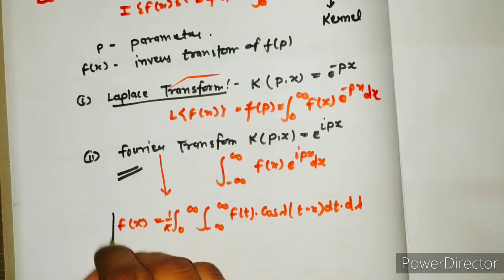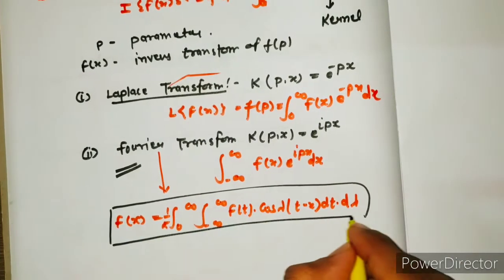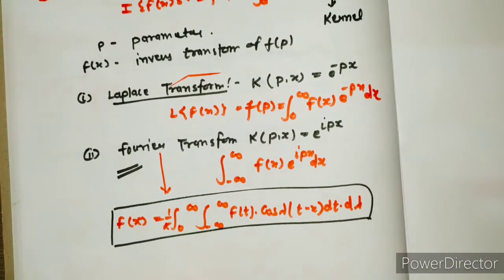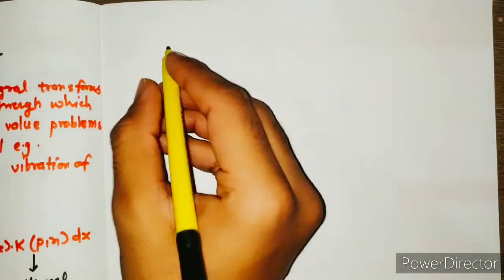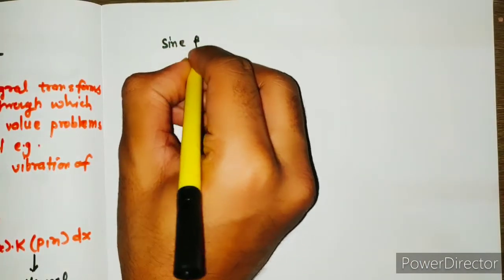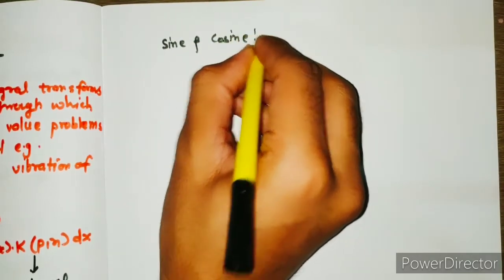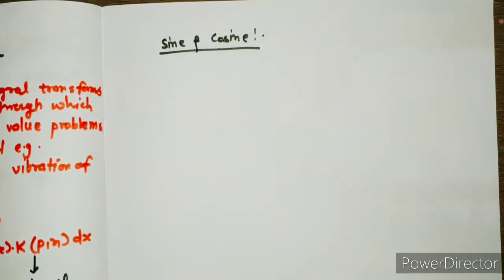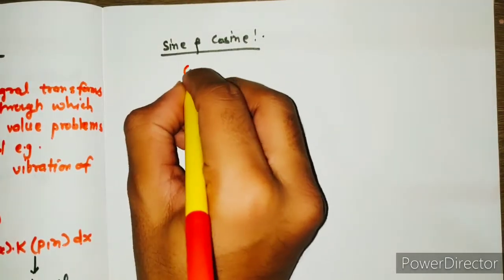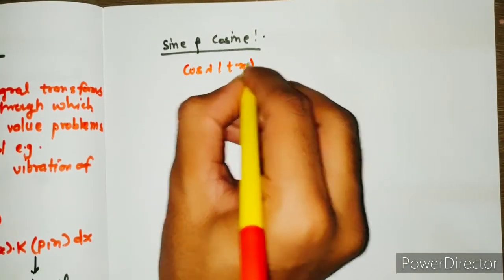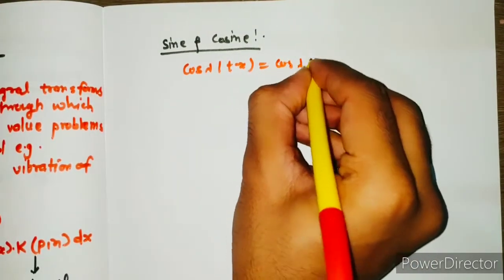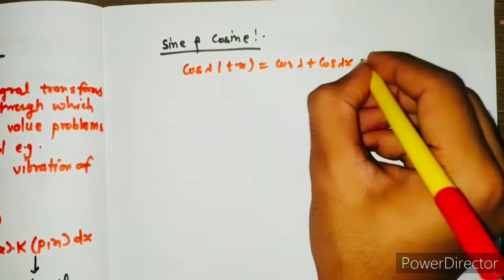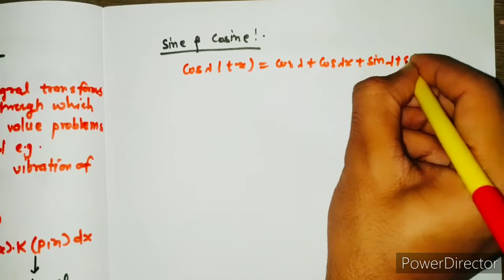This is our formula of the Fourier transform. If you do not know about the Fourier integral theorem, comment, and I will also make a video on it. Then we discuss the sine and cosine integrals of a Fourier series. We also expand cos lambda(t minus x), just like cos(a minus b) equals cos a cos b plus sin a sin b.